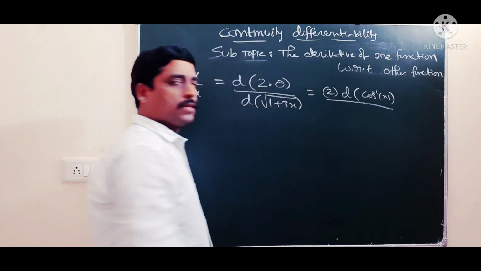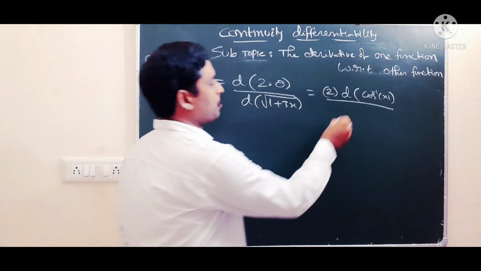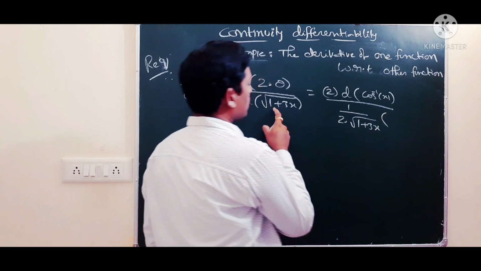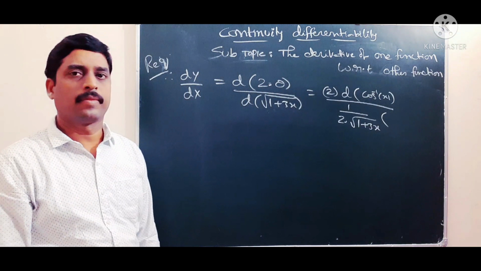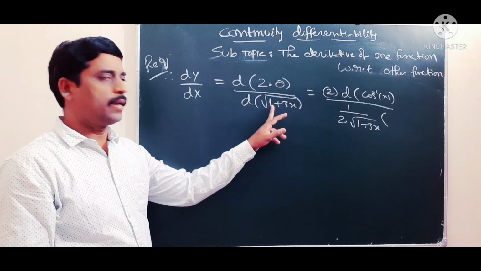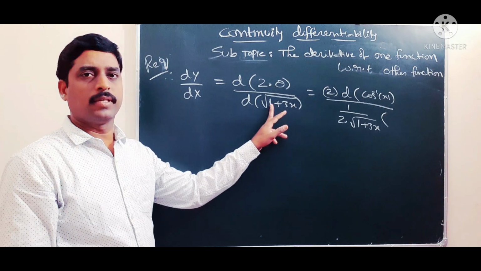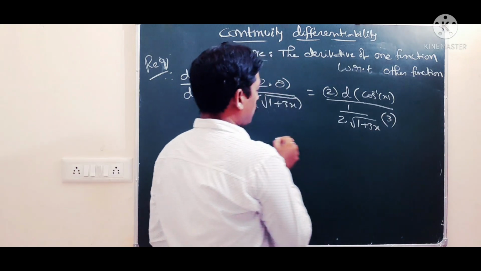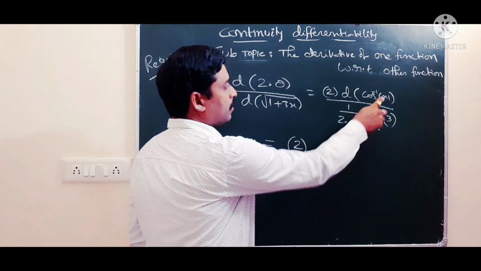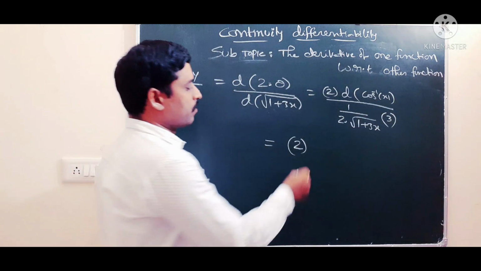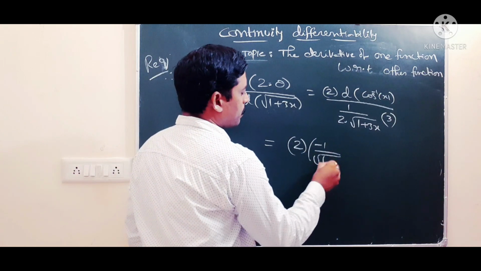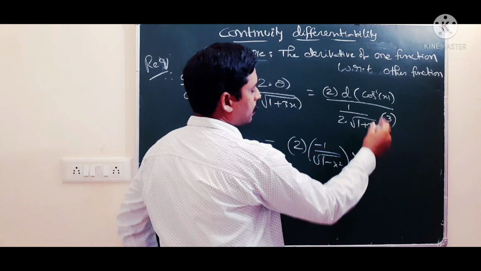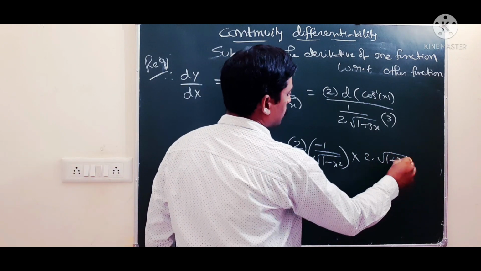By the differentiation of the root function, 1 by 2 root function into the differentiation of 1 plus 3x, we should apply the chain rule. The differentiation of 1 is 0, the differentiation of 3x is 3. This will be 2 times the differentiation of cos inverse x, which is minus 1 by root 1 minus x square, into 2 times root 1 plus 3x by 3.